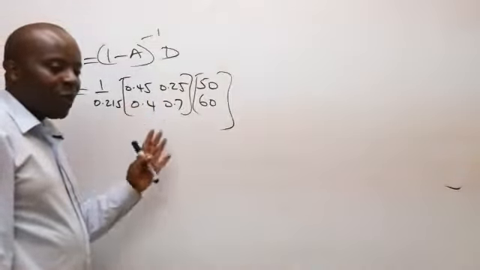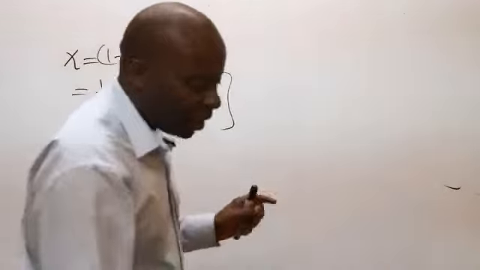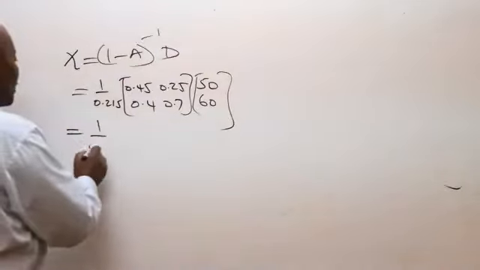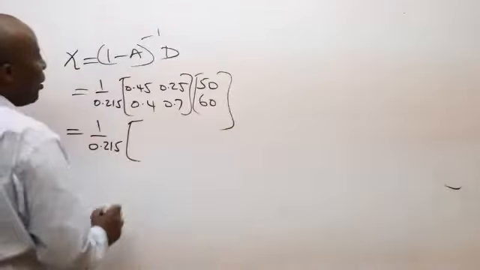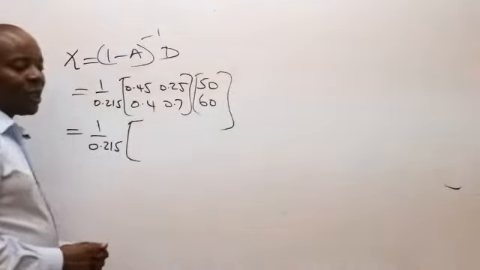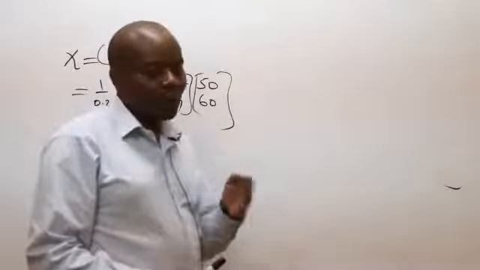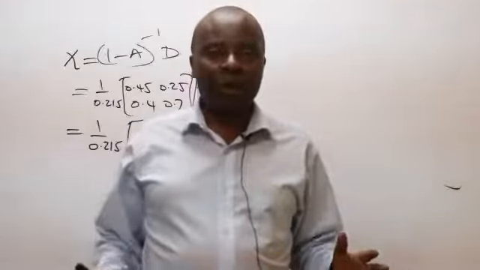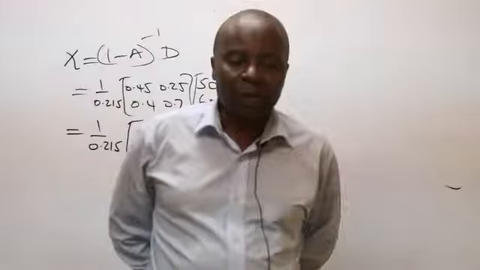We give matrix multiplication a priority, and the scalar will be left outside. So we have 1 over 0.215 into the multiplied matrices. Is there anybody who can remind us the major concept of matrix multiplication? When somebody says multiply two matrices, what comes to your mind?